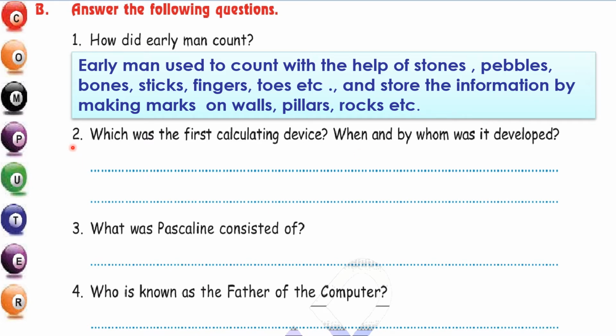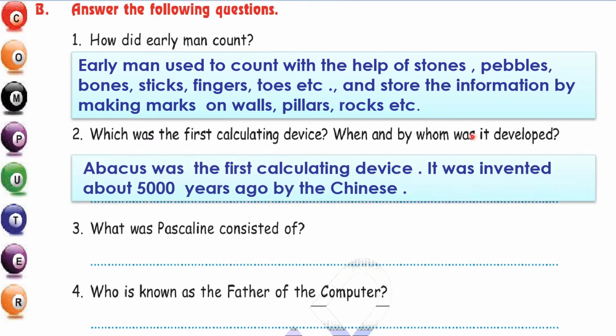Number 2. Which was the first calculating device? When and by whom was it developed? So, dear children, abacus was the first calculating device. It was invented about 5,000 years ago by the Chinese.